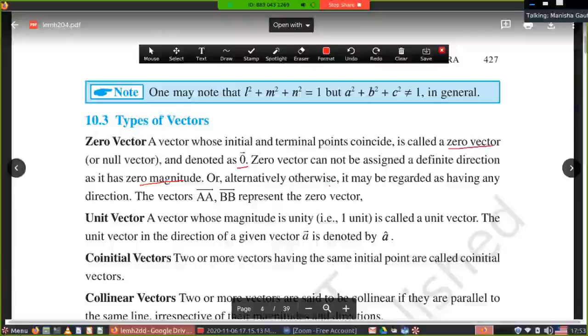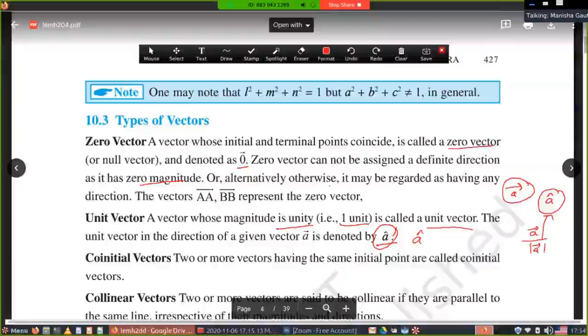Unit vector: a vector whose magnitude is unity, that is 1 unit, is called a unit vector. The unit vector in the direction of the given vector is denoted like this, a cap. If a vector is given to you and you want to find a cap, which means the unit vector, then divide that vector by its magnitude and you will get the unit vector.